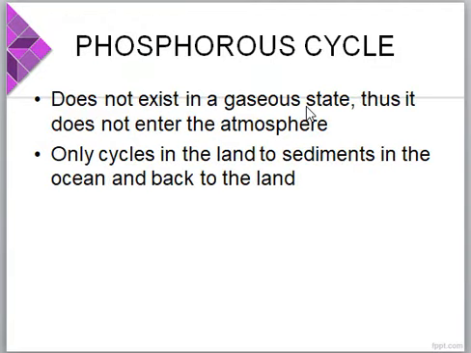The next cycle is the phosphorus cycle. Phosphorus cycle does not exist in a gaseous state. Thus, it does not enter the atmosphere. Your phosphorus cycle only cycles in the land to sediments in the ocean and back to the land.